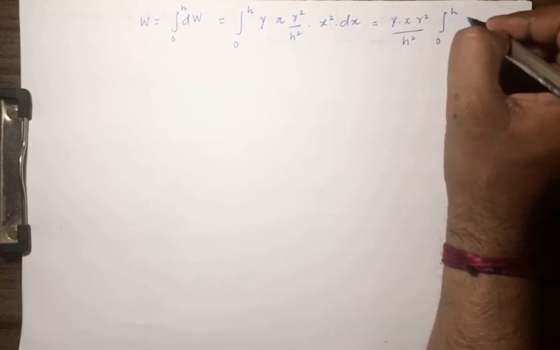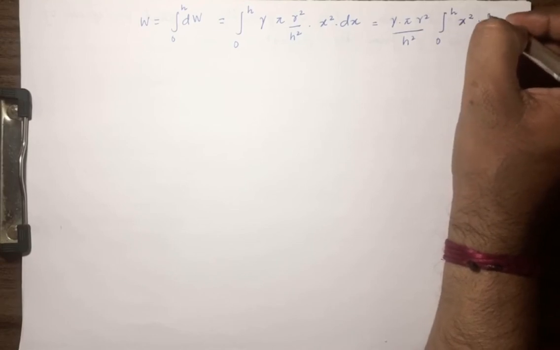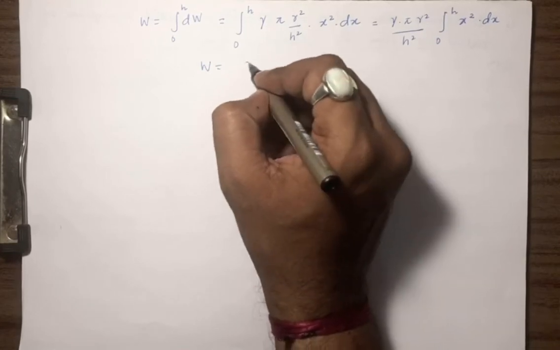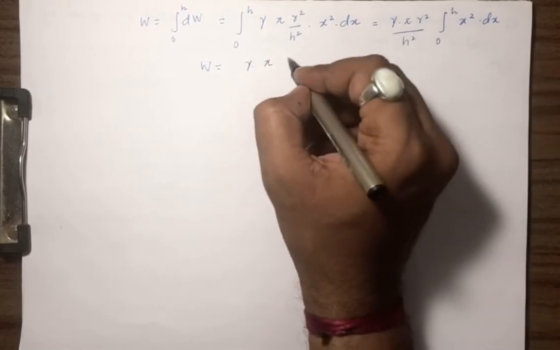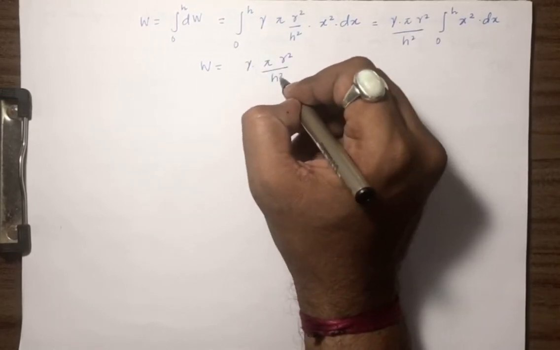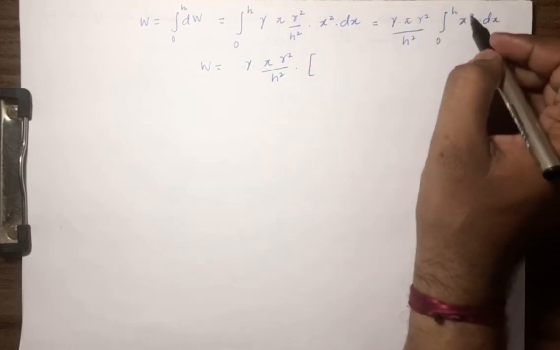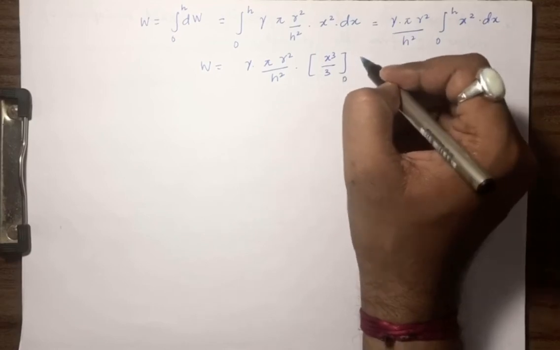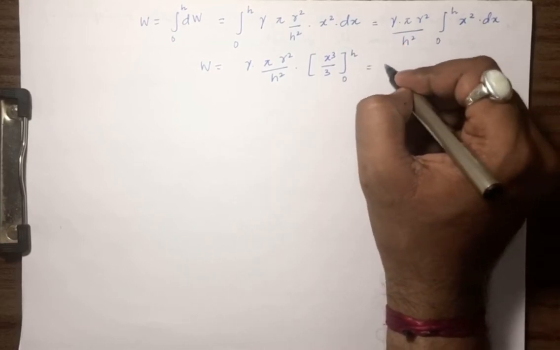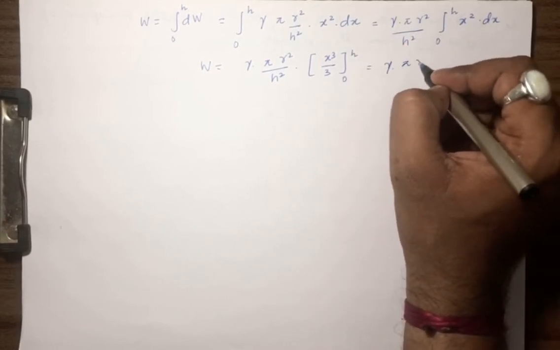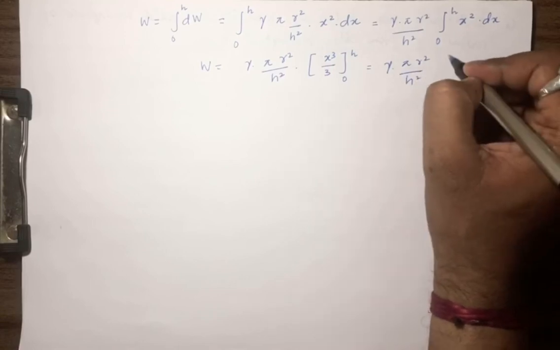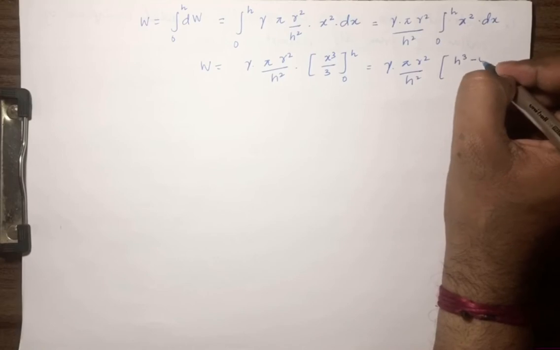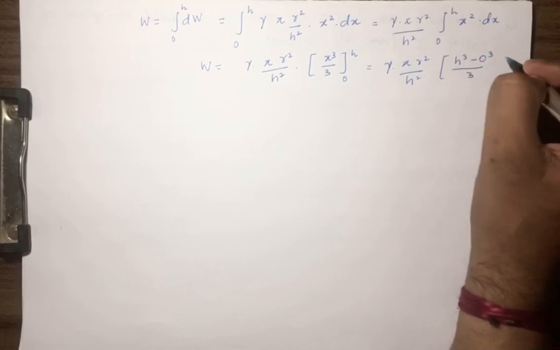Integral 0 to h x square dx. So W will be gamma pi r square upon h square, and the integral of x square dx will be x cube by 3, from 0 to h. So pi r square upon h square, h cube minus 0 cube by 3.